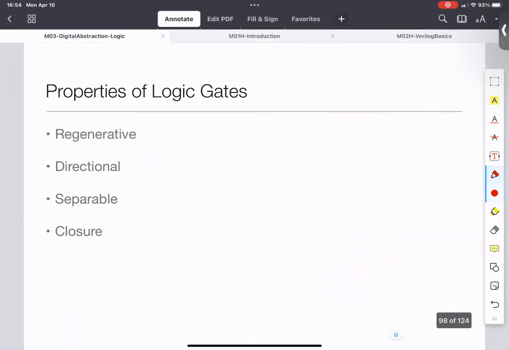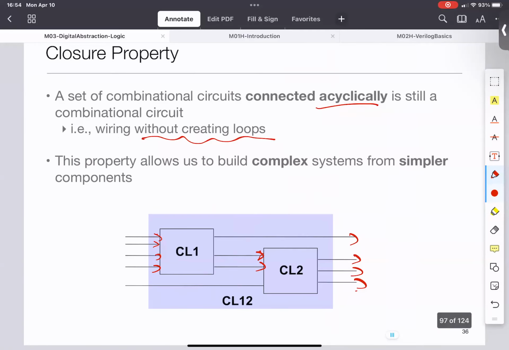So that's if there is feedback. Let's say, for example, this circuit, I were to connect it like this, then it becomes, or may become, it's not guaranteed, depends on the specific thing, sequential. Very generally, all the tools you work with will barf if they see a feedback through combinational logic.